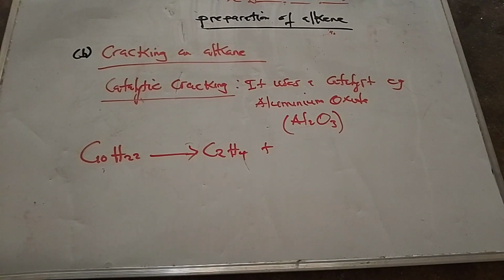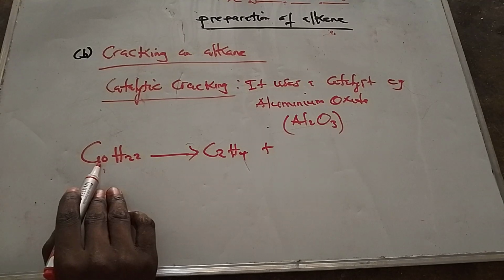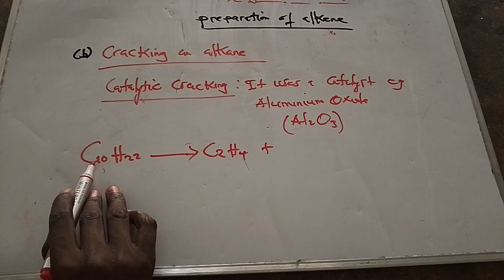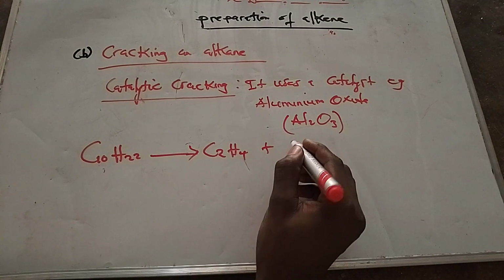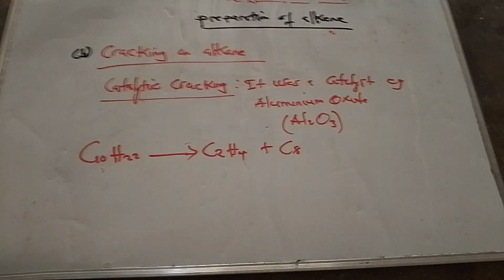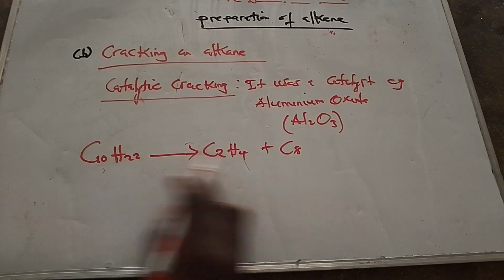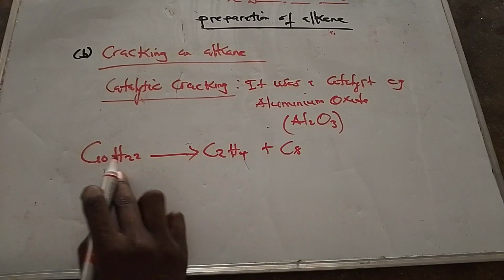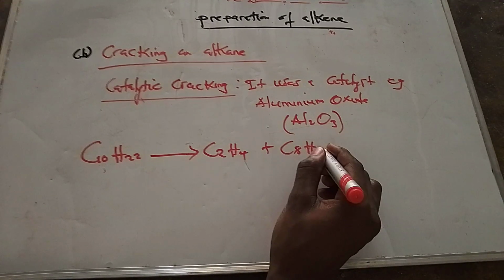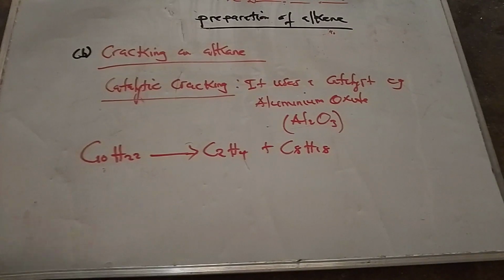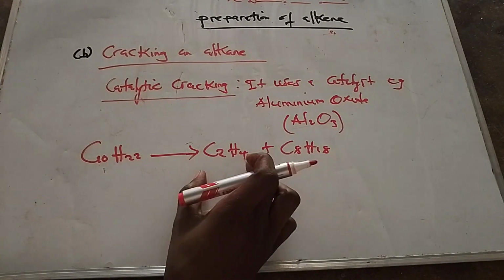Since I have 10 carbons here, and out of 10 I've removed 2, I've remained with 8, so C8. Since I have 22 hydrogens and I've removed 4, I've remained with 18. So this is my product.